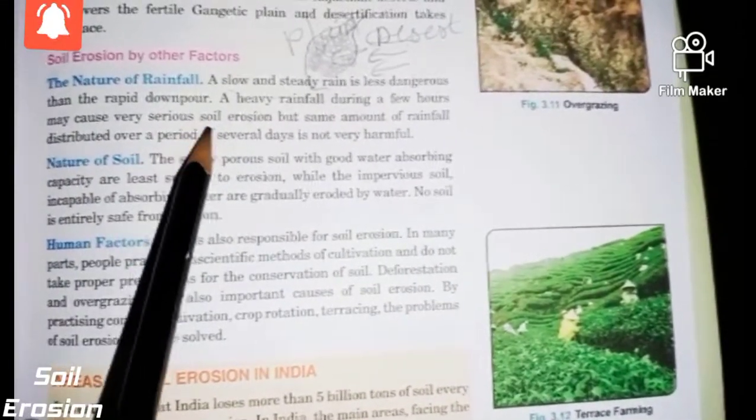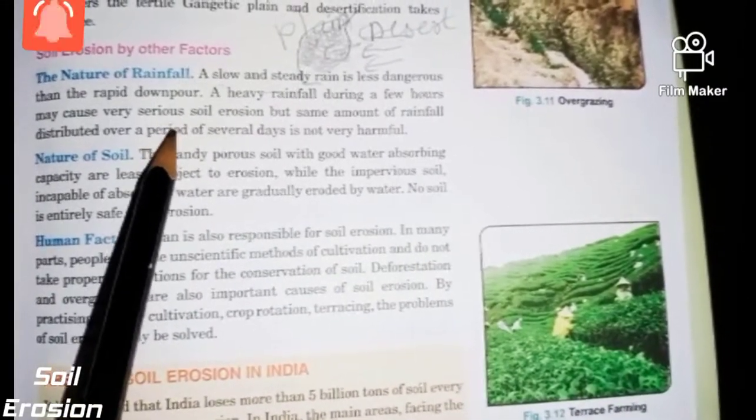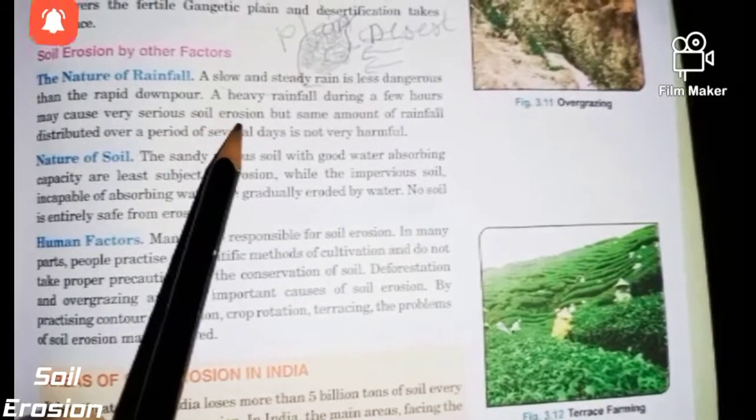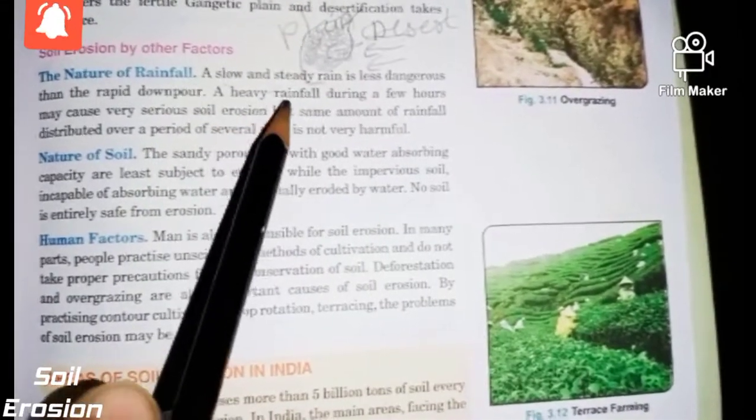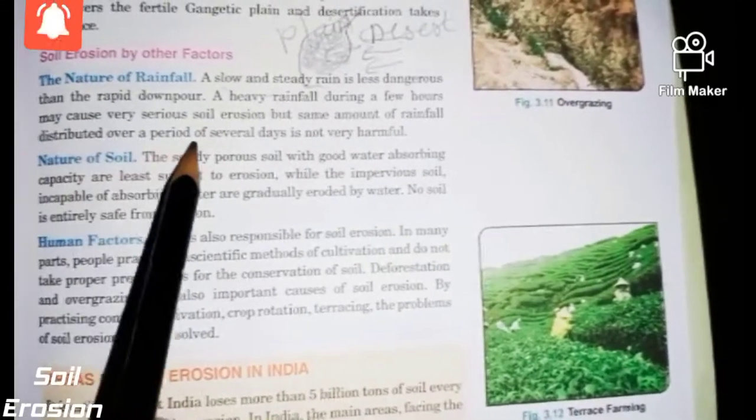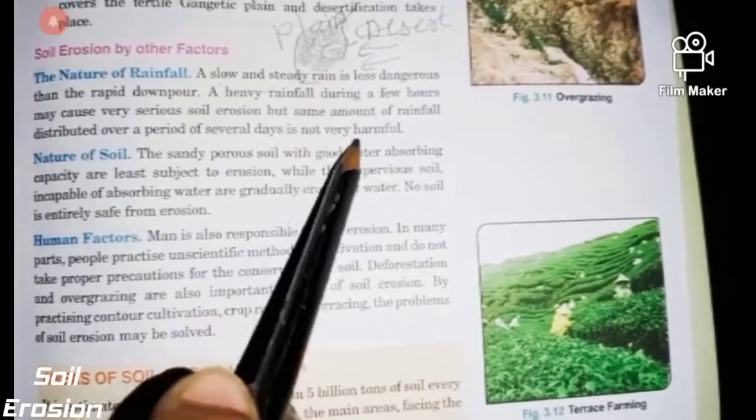Heavy rainfall for a few hours may cause a very serious soil erosion problem, because plenty of water carries plenty of the top layer of soil. But if the rainfall is distributed over a period of several days, it's not that harmful.